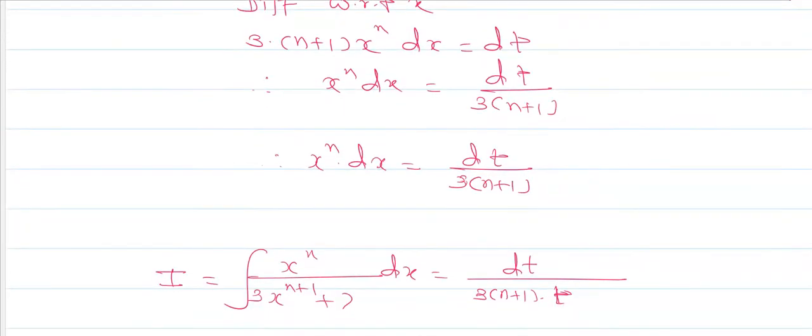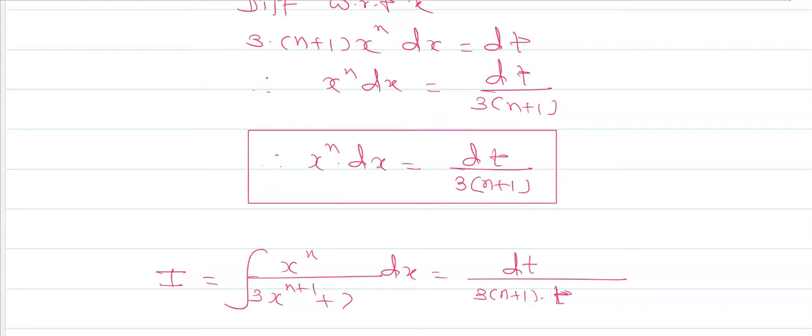That is, x raised to n into dx is equal to dt upon 3 in bracket n plus 1. And again I can write it in proper shape. I will write here. You can see this also.